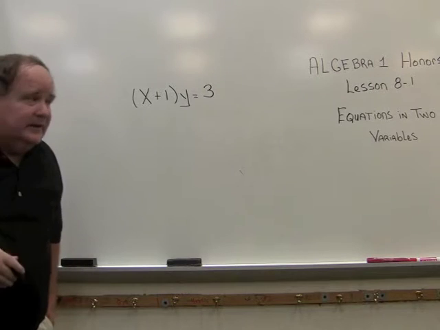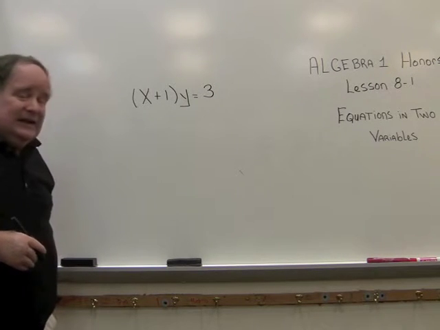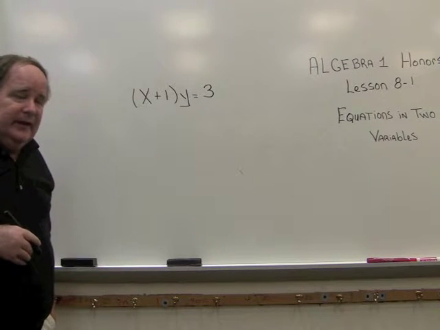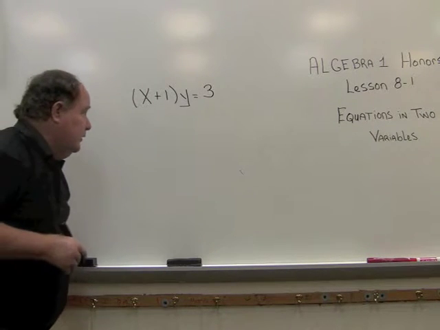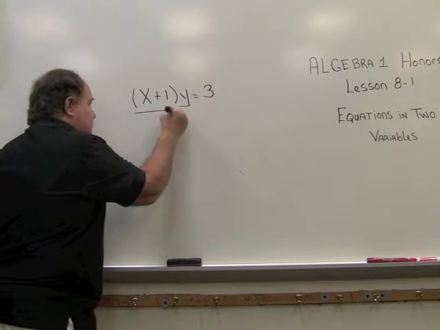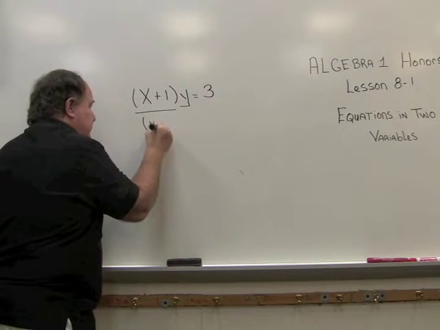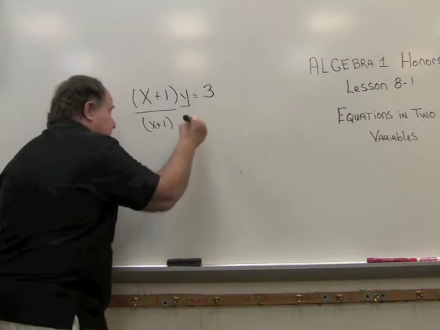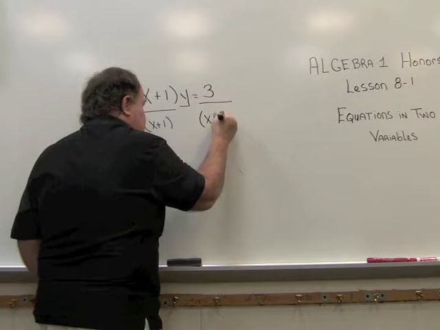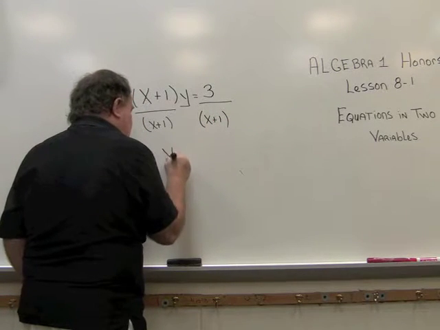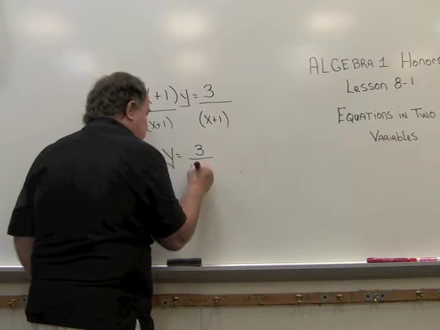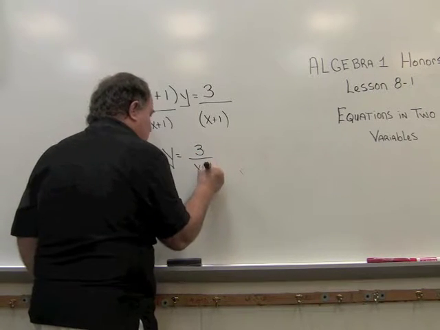But that's not a big deal. What we're going to do is isolate my y value, so it's going to be on the left side, and I'm going to bring my x value to the other side. So to do this, if I'm multiplying times x plus 1, I'm going to divide by x plus 1 here, and I'm going to divide by x plus 1 here, and now what I'm left with is y equals 3 over x plus 1.